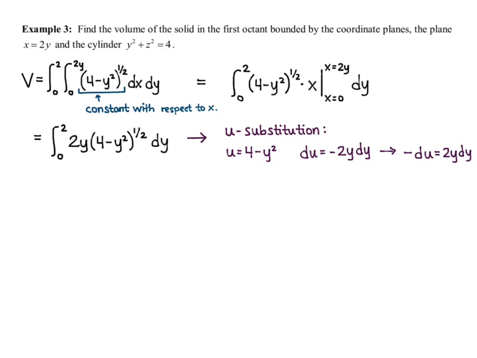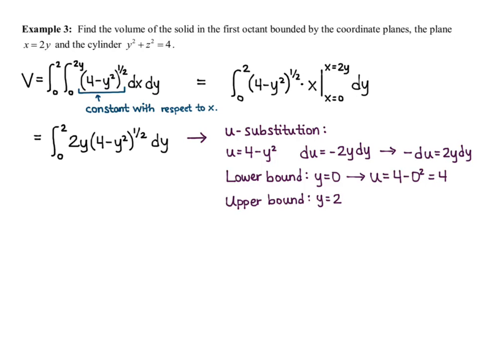Now let's change our bounds. The lower bound is y equals 0. Plugging this into u results in u equals 4 minus 0 squared, so the lower bound with respect to u is 4. The upper bound is y equals 2.